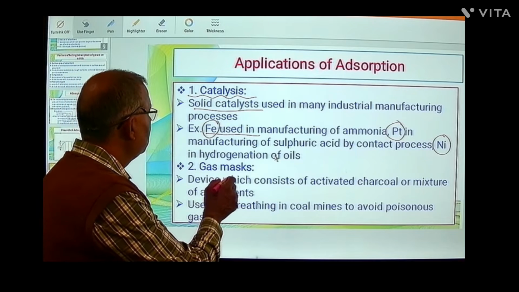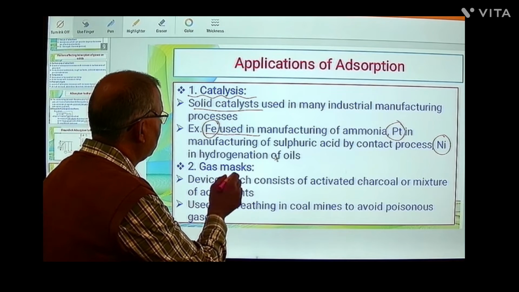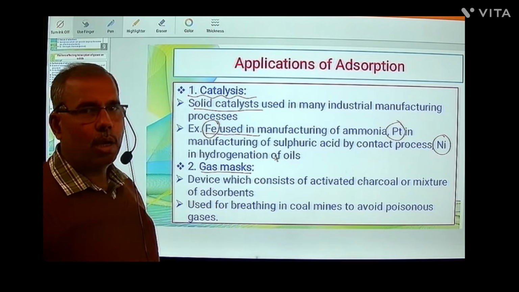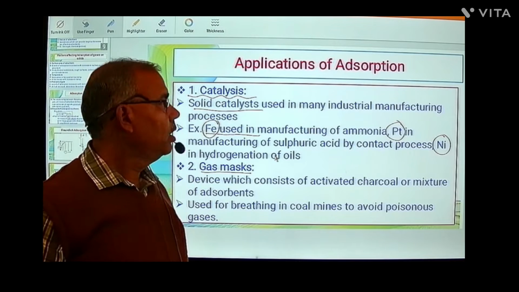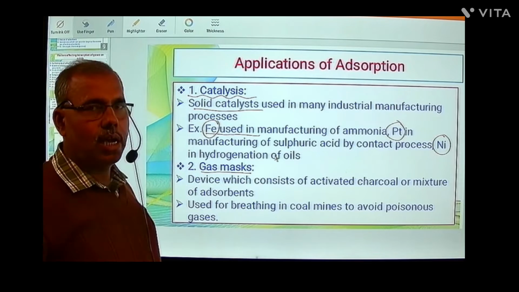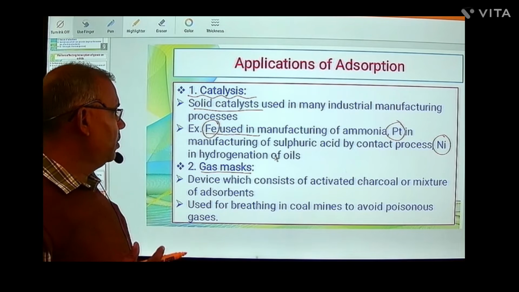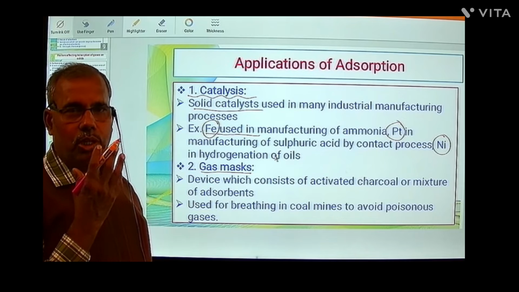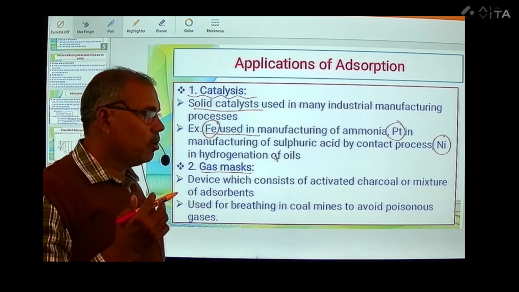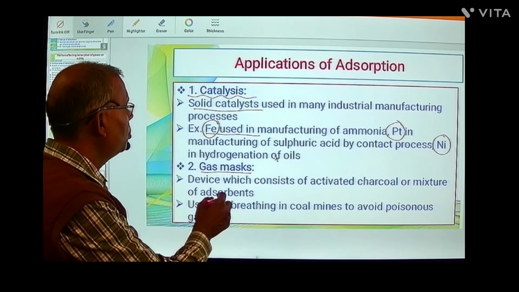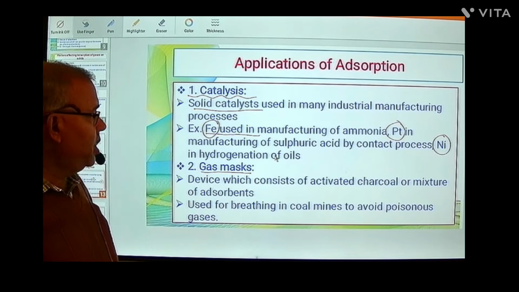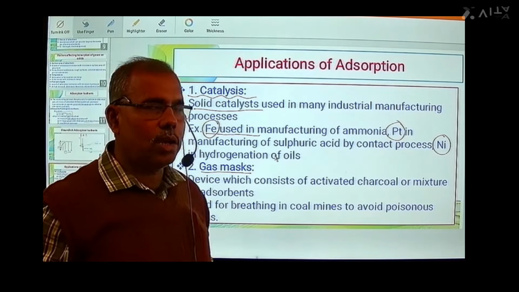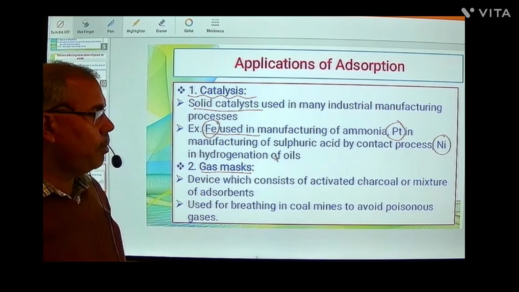Then second, gas masks. We know a mask covers our mouth and nose, that is the face. What are gas masks? It is a device which consists of activated charcoal or a mixture of adsorbents.